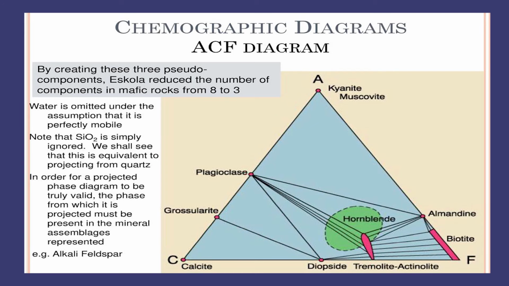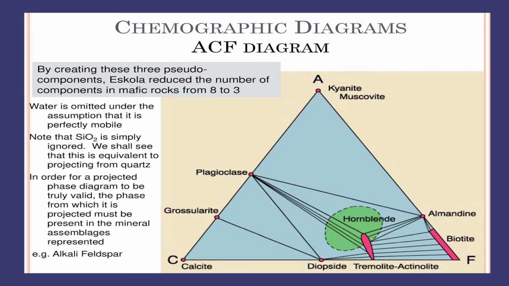Eskola in 1915 proposed the ACF diagram as a way to illustrate metamorphic mineral assemblages on a simplified 3 component triangular diagram. He concentrated only on the minerals that appeared or disappeared during metamorphism, and it also gives an idea about the grade of metamorphism.